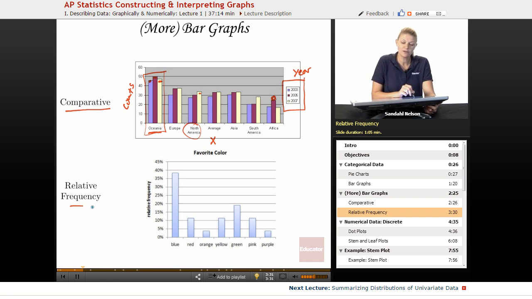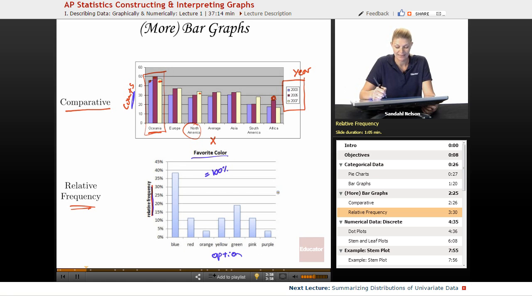One other variation on a bar graph is what's called a relative frequency bar graph. Until this graph, we've only seen counts on the y-axis, but you can actually put a percent on the y-axis. If you have all the different options, all the different colors, maybe this is people's favorite color, and you ask everyone their favorite color, well, the frequency should add up to 100%, right?